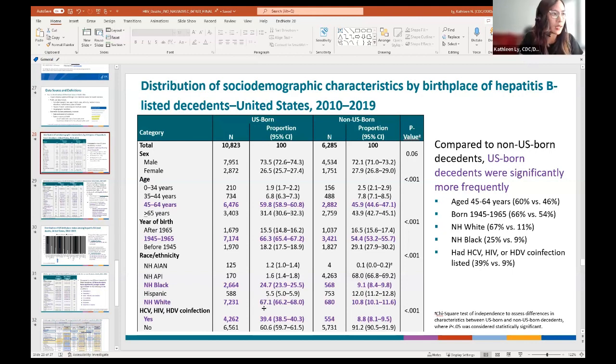For US born, 67%, about two-thirds, are non-Hispanic white, followed by non-Hispanic Black, and the predominant race and ethnicity group for non-US born decedents was the API group. It's pretty heavy on the API group. I hope I answered your questions.